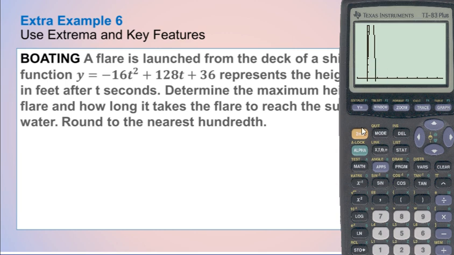Now let's see if we graph it. You can see that a little bit right here. So let me just change my Windows setting a little bit. Let's change this to 50. Maximum, let's go 300. There we go. Now the maximum. Second trace, number 4. We want to go to left bound.